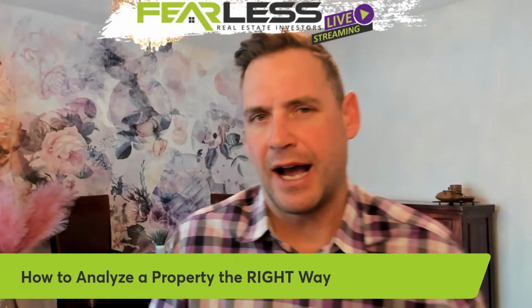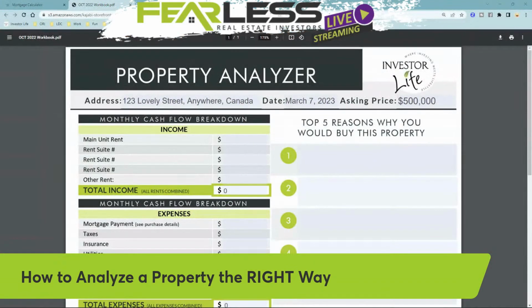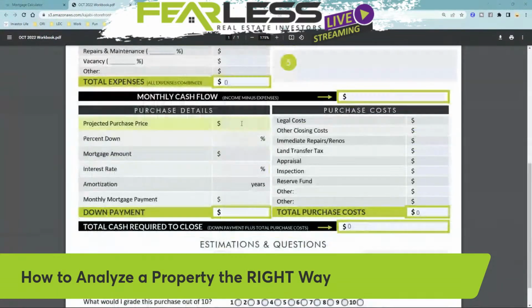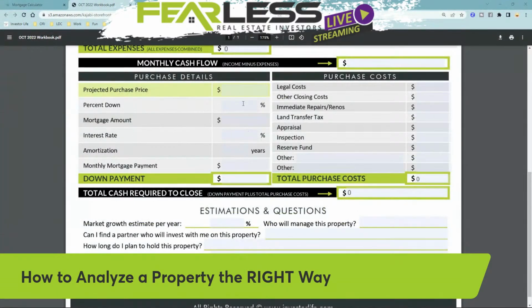So let's get back to this property analyzer here, and we're going to start to fill it out in more detail. One of the first areas I'd get you to do is scroll down to our purchase details area. This is, of course, where we put in, they're asking 500,000. Let's assume we are also going to pay $500,000. Let's assume that we're not going to be able to get anything less than that. We're going to put 20% down because that's what most investors are doing.